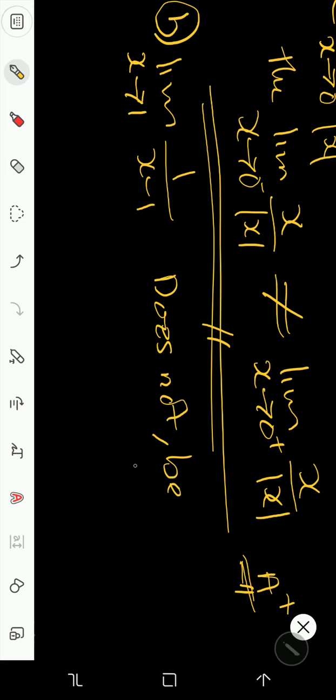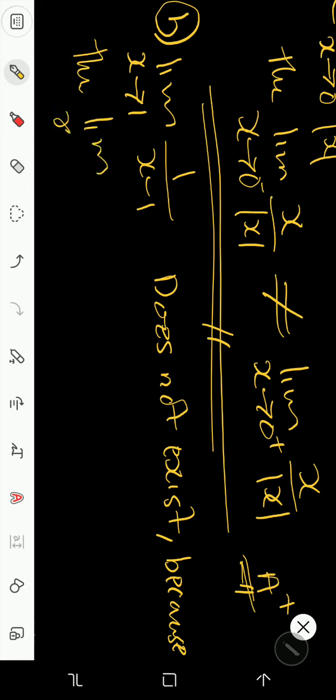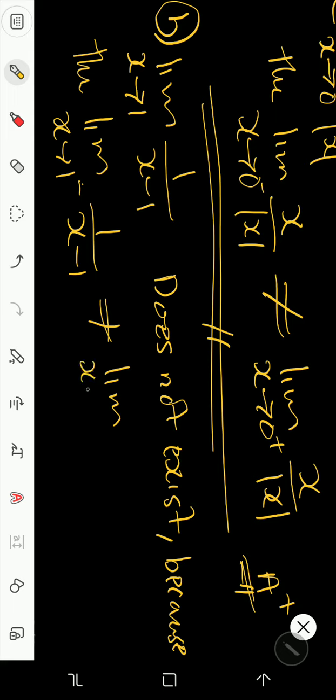It does not exist because the limit as x approaches 1 from the negative or from the left of this function does not equal the limit as x approaches 1 from the right of this same function.